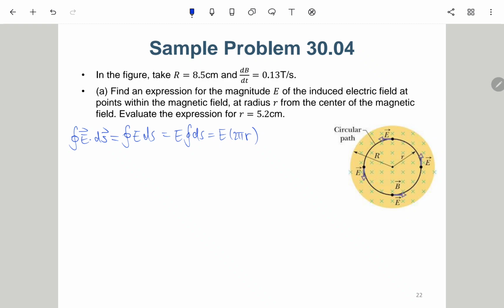Okay, so on the right side we have the derivative of the magnetic flux.